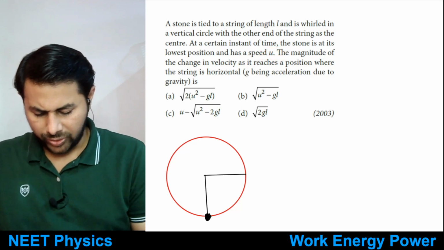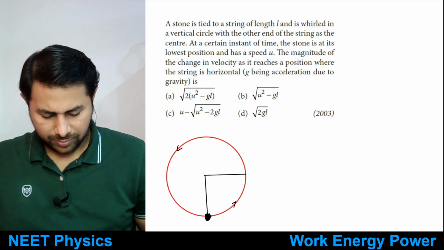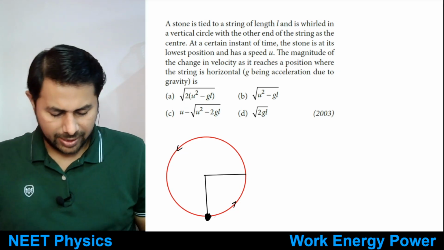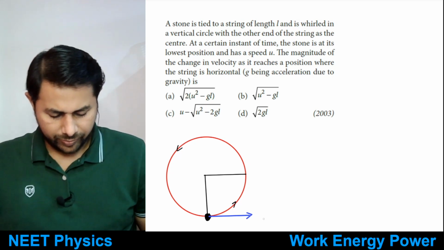Suppose it is moving in anti-clockwise sense like this. At this position the velocity will be directed like this, and this is u bar.